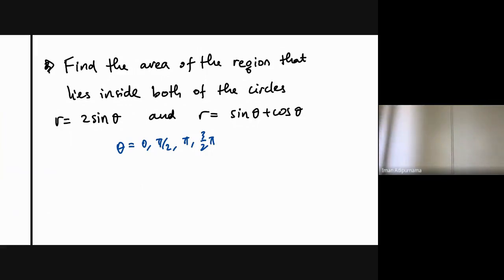I think another confirmation is you can check from this pi over 6 and maybe this pi over 3. You can check their value. Is it confirming that this is true or not? Aside from confirming this 0, pi over 2, pi.